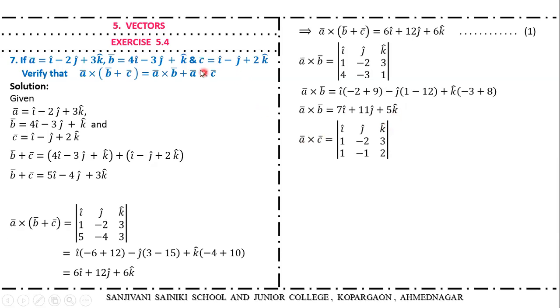Similarly, we will find a bar cross c bar. Simplify it. It is very simple; we just have to find the determinant. Then we will take the addition of a bar cross b bar and a bar cross c bar.